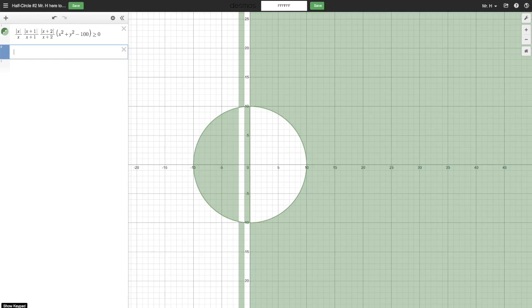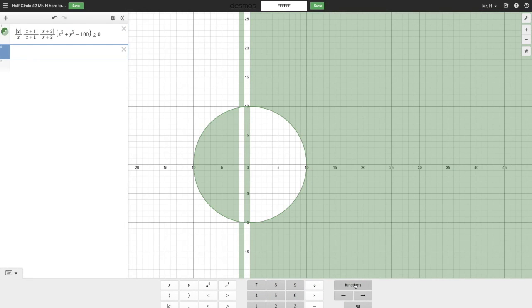If you go down to the little keyboard icon and go to functions, I believe it's under miscellaneous. Here we go. Here's the product function. It's just like a summation tool, but it's a product. So we can set up where we want n to go all the way from -10 up to 10. We can set up this expression the way that we want it to work.